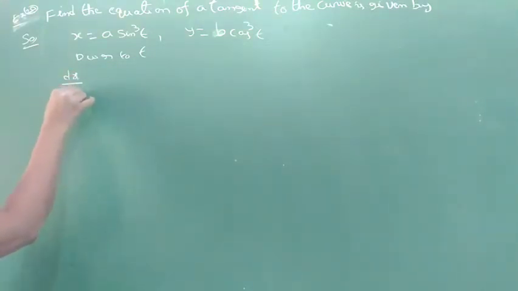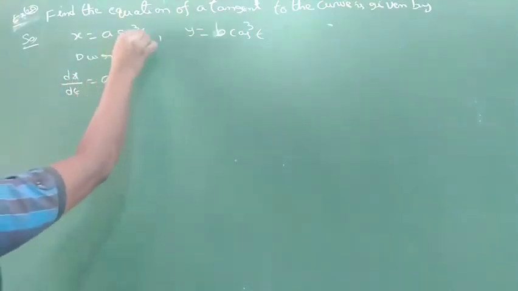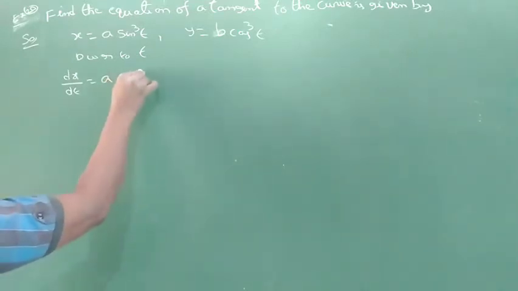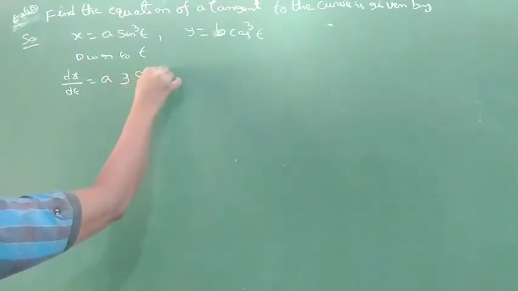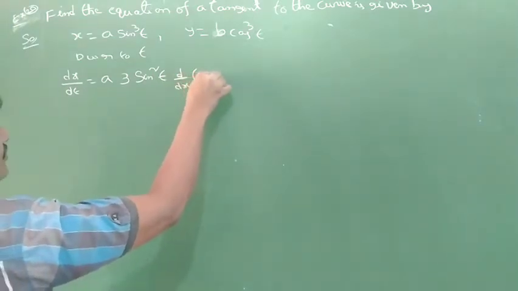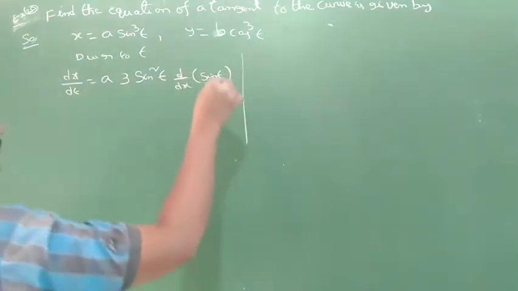So dx by dt is equal to a into sin cube t. Using the x cube formula, the derivative of x cube is 3x square, so 3 sin square t into d by dt of sin t.